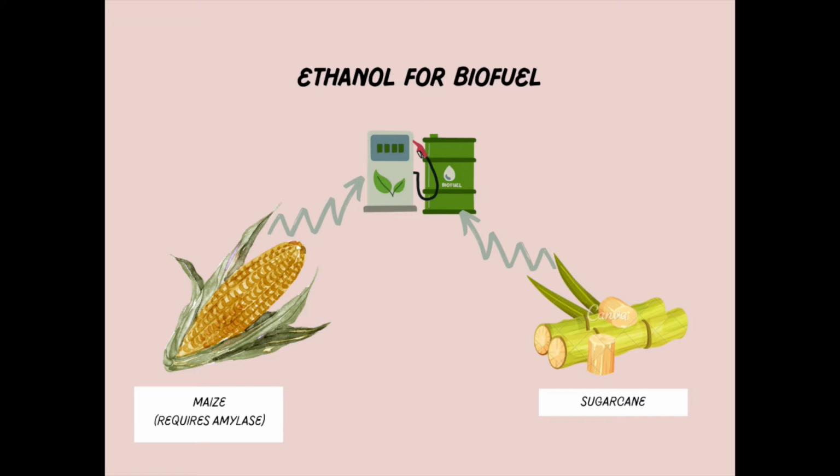Sugarcane, on the other hand, does not need any help from an enzyme since most of its energy is stored as sucrose. After which, yeast is then added and allowed to use the glucose in anaerobic respiration. And since this is under anaerobic respiration, the vials or the containers that are used are designed to exclude oxygen to maintain this process from going on.